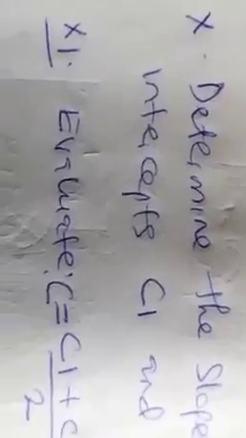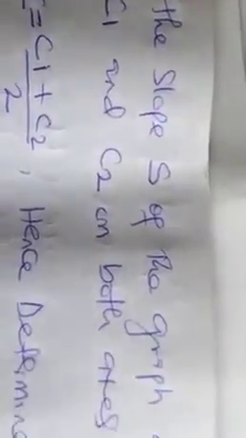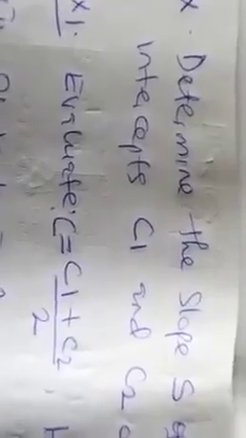So we'll look at the question once more. Then question X says determine the slope S of the graph and the intercepts C1 and C2 on both axes.